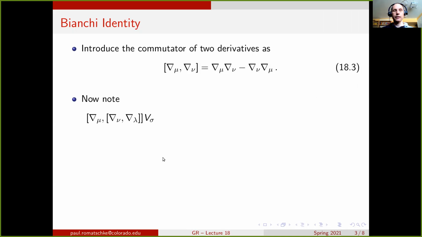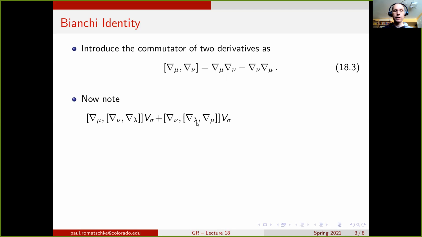Next, note that we can write commutators strung together. So here we have the commutator of a commutator acting on some vector v. And we can take different combinations of these commutators. In this particular case, the index order was mu, nu, lambda.